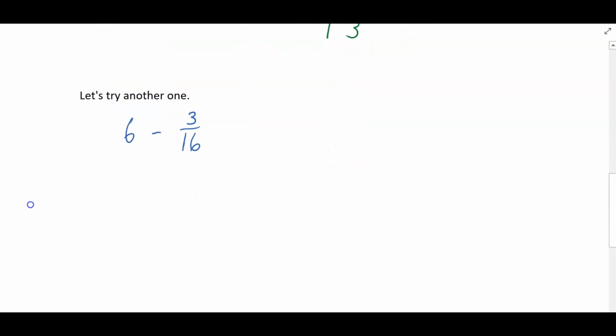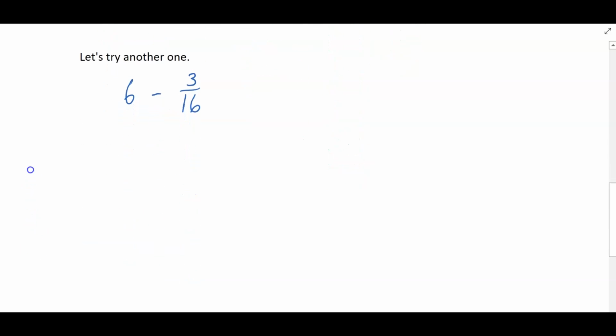Let's continue trying, and we'll try this other one. How about you pause the video and try to do this with the same process as the last one. Express the 6 over 1 as a number over 16. So 6 over 1.